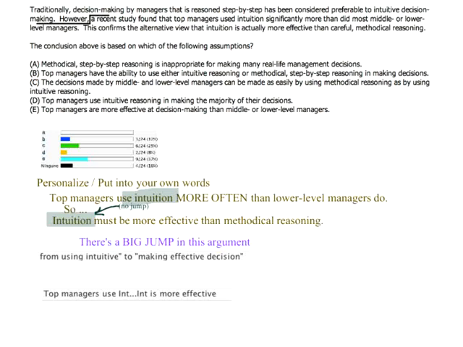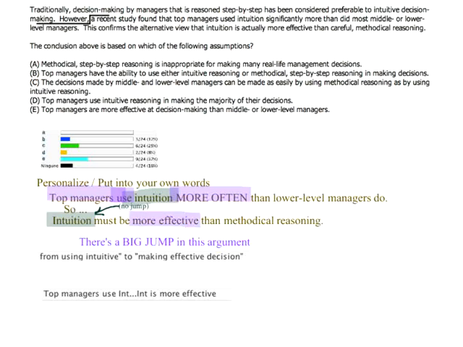But if you look at what happens in this other part, top managers use something more often. And then, whoa, it must be more effective. Top managers use it more often. Therefore, it must be more effective.